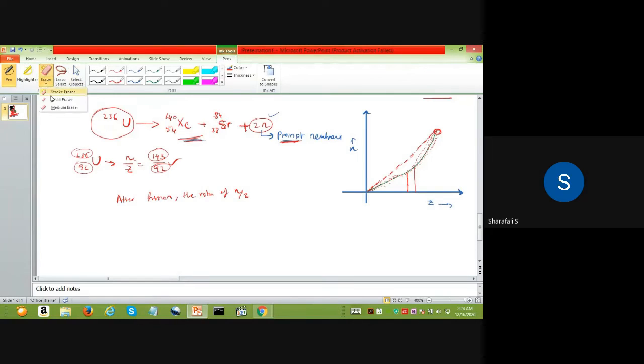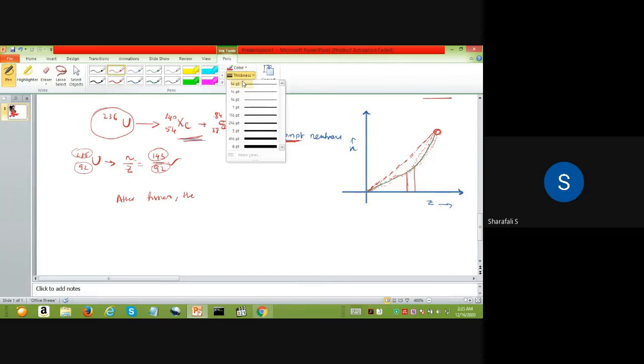I should write the value, okay? The value of the N by Z ratio will be the same. So this N by Z for daughter nuclei and parent nuclei will be the same after fission.